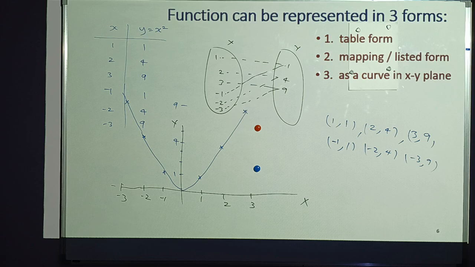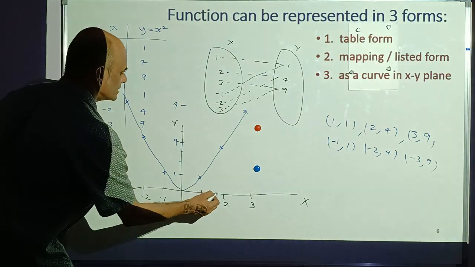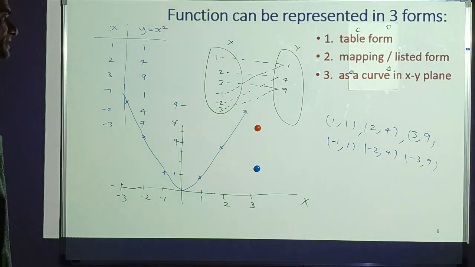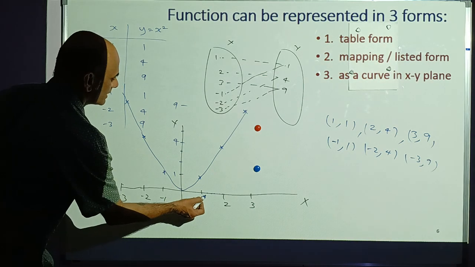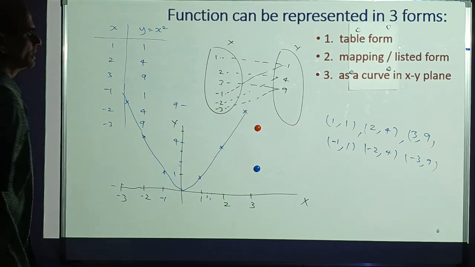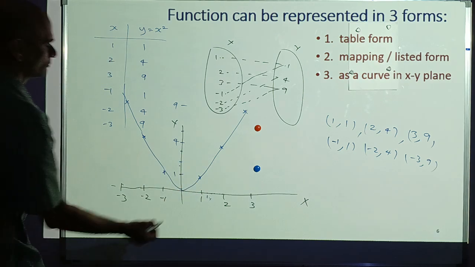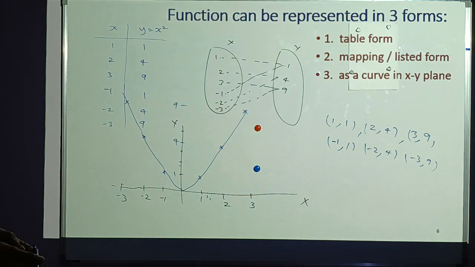Okay, so the advantage of this representation is the number of values of x for which the relation is defined is infinite. Because here, if I want the value of y for 1.1, I just have to take this point and find the corresponding value of y. Even for 1.01. So the number of points for which the function can be defined is infinite.